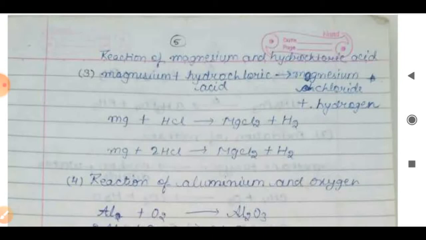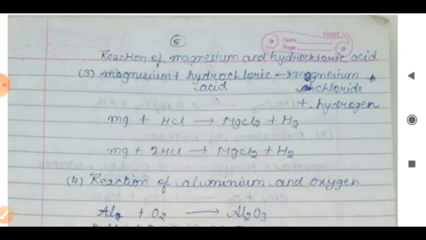It means the total number of atoms present in the reactant side should be equal to the total number of atoms present in the product side. For this purpose, we drew tables, and on the basis of tables, we tried to balance the chemical reactions, right?